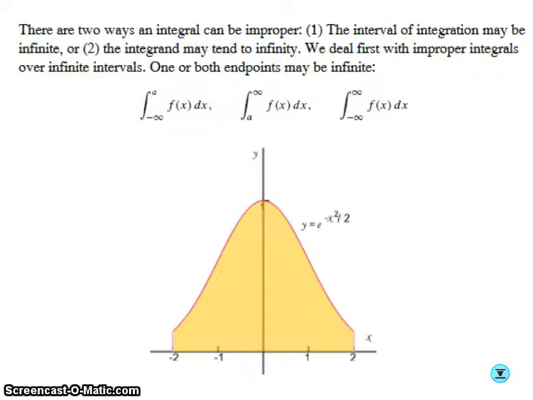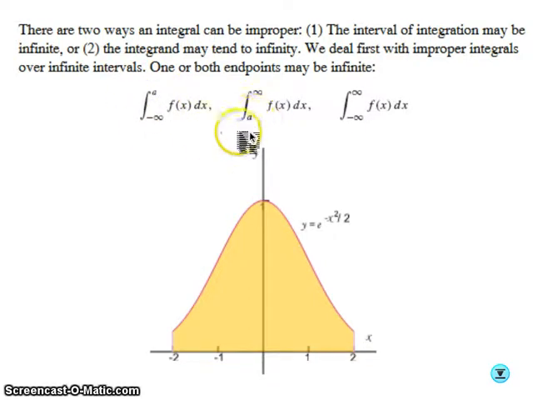So there are two ways an integral can be improper. The first way is that the interval of integration may be infinite, and the second way is the integrand may tend to infinity. We will first deal with improper integrals over infinite intervals, where one or both endpoints may be infinite. Here the left endpoint is from negative infinity to some value a.